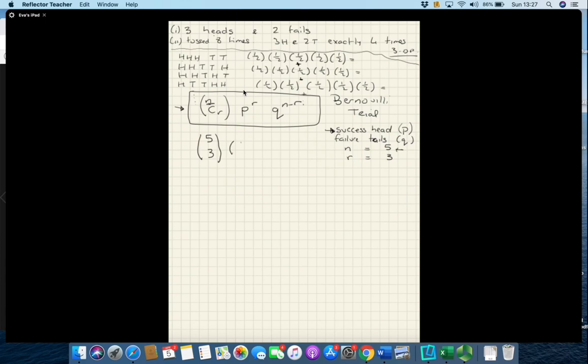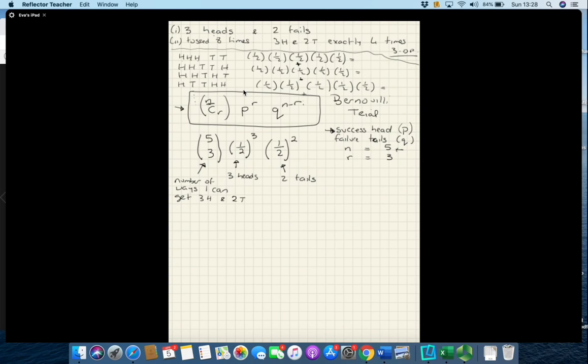The probability of getting a head is a half, and I would like 3 of them. The probability of getting a failure is also a half, and I would like 2 of them. So these are my 3 heads. These are my 2 tails. And this is the number of ways I can get 3 heads and 2 tails.